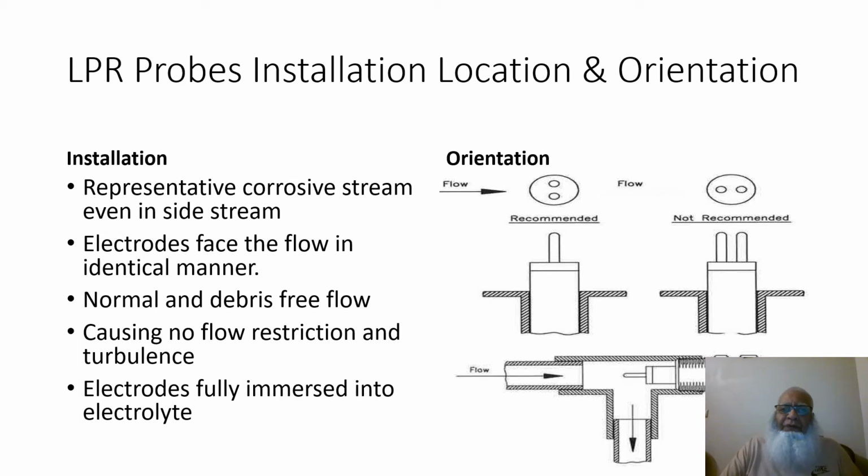These probes can be installed on the side stream or directly into the fluid through the piping or the vessel walls. Electrodes face the flow in an identical manner. This is very important: both electrodes, or the three electrode system, should be installed in such a way that they are equally impacted by the fluid flow.